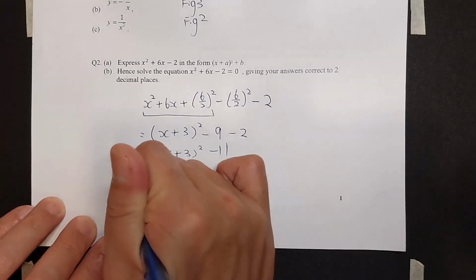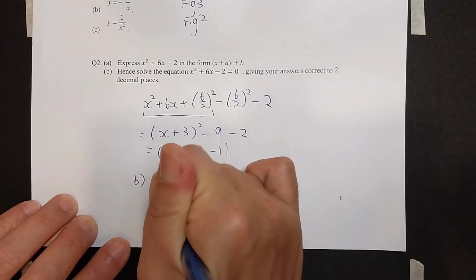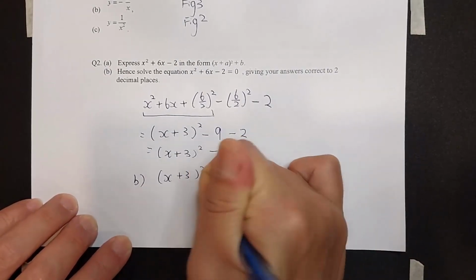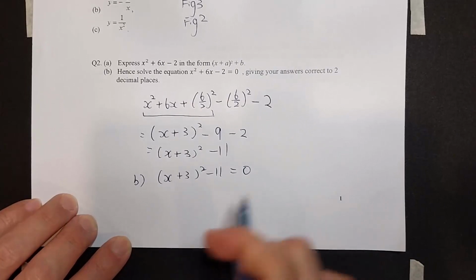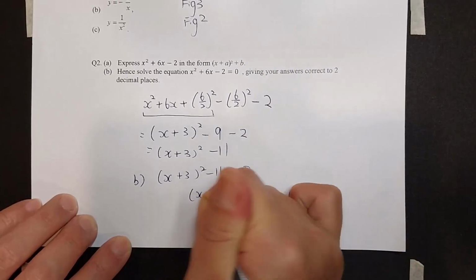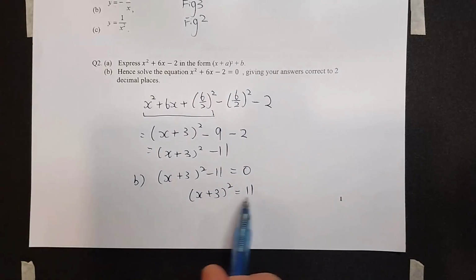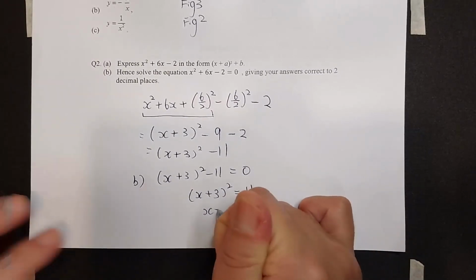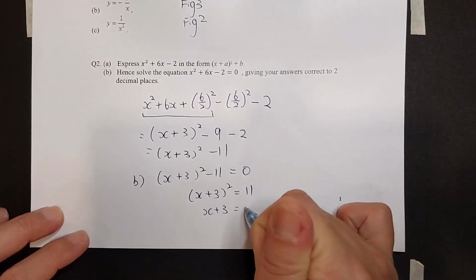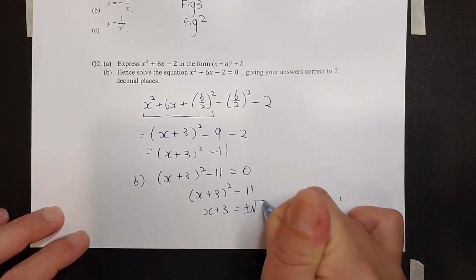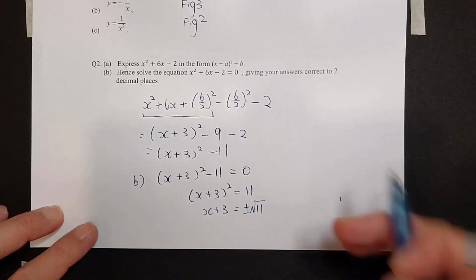For part B, we are asked to solve this. So we will let x plus 3 squared minus 11 be equal to 0. Bring the 11 to the other side. To remove the square, you will square root on both sides. So we will have plus minus square root 11.